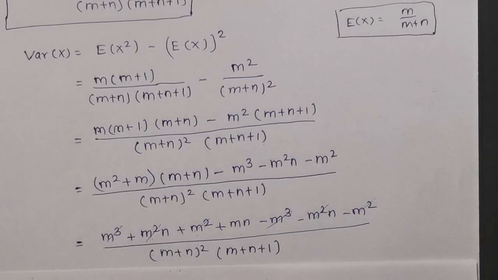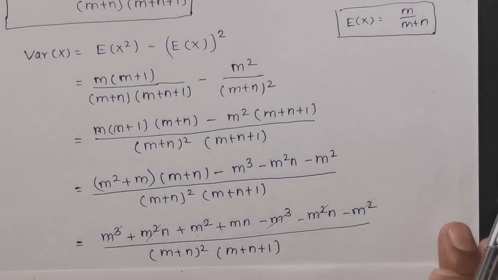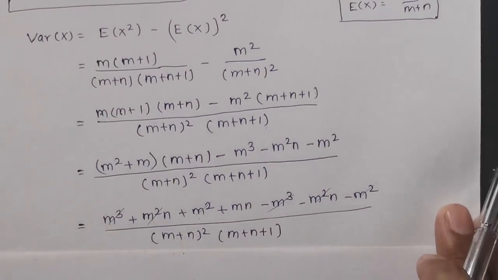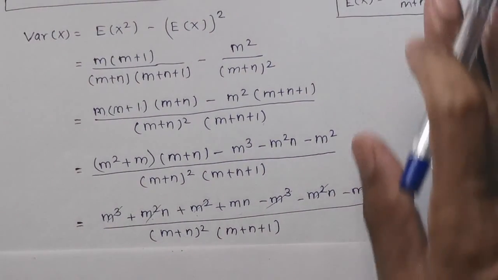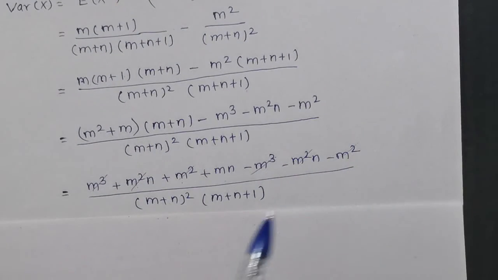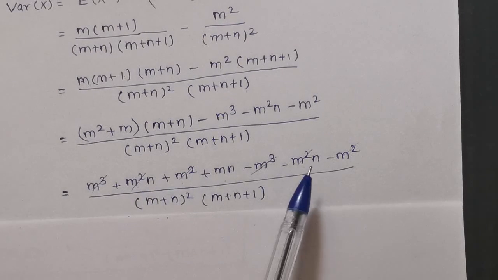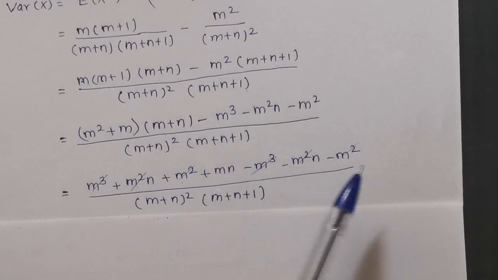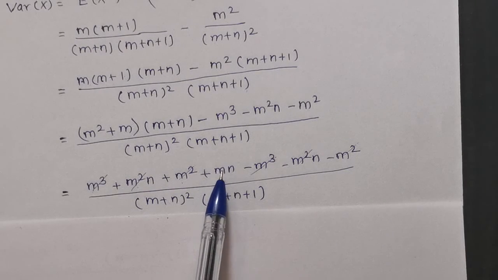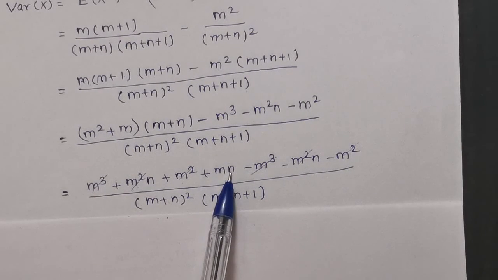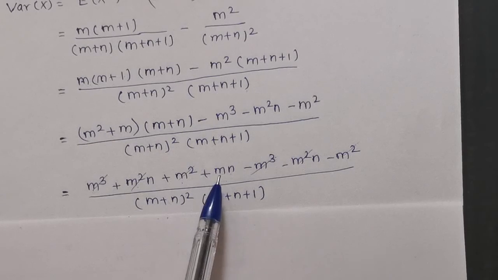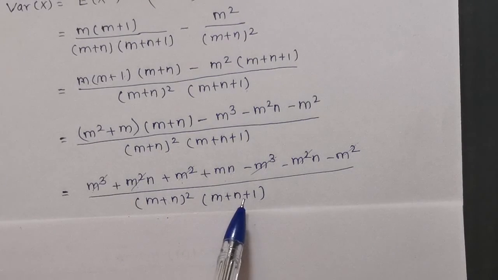Okay, now I cancel the terms with positive and negative signs. So m cube cancels with m cube, m square into n cancels, and m square cancels. The only remaining part in the numerator is mn, and the denominator is m plus n whole square into m plus n plus 1.